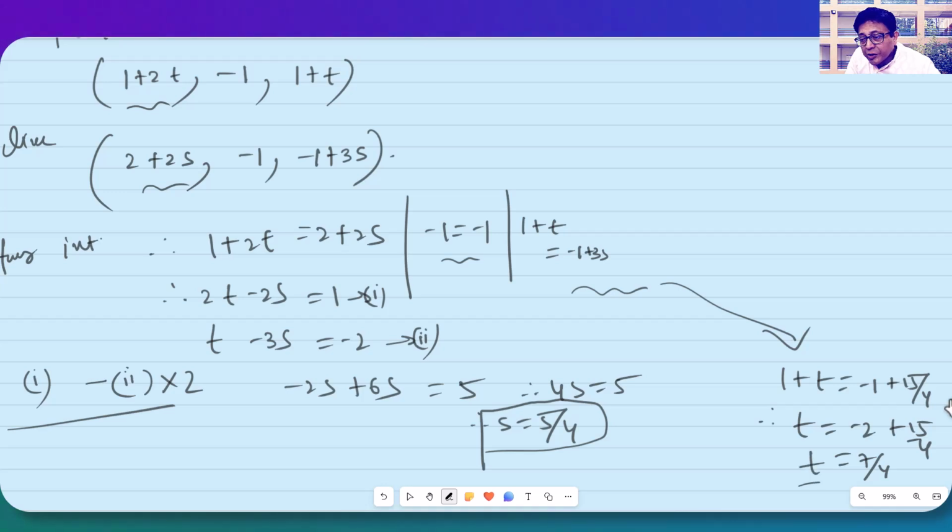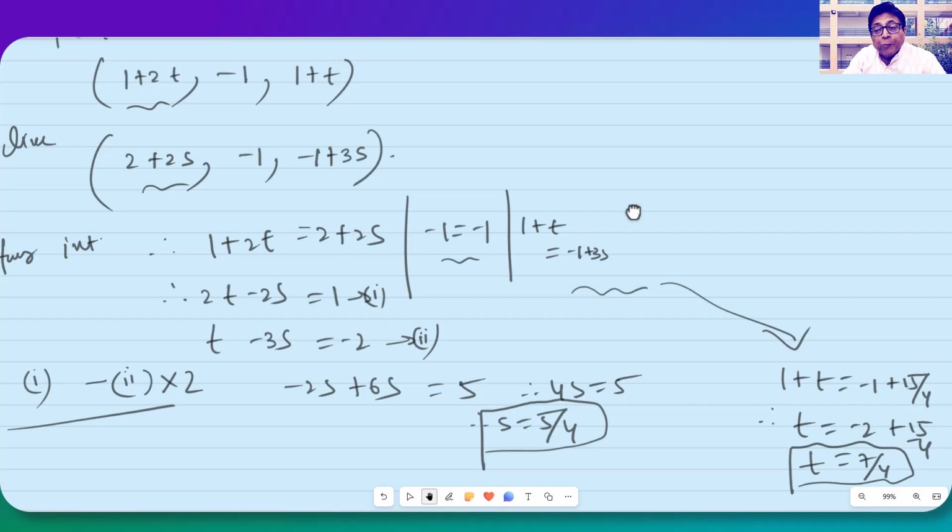So t is going to be 7 by 4. Do I need to check the third equation? No, because 2 equations, 2 unknowns, and we got a feasible solution for t and s. It exists. So these two lines must intersect. The y coordinate is going to be minus 1 only.